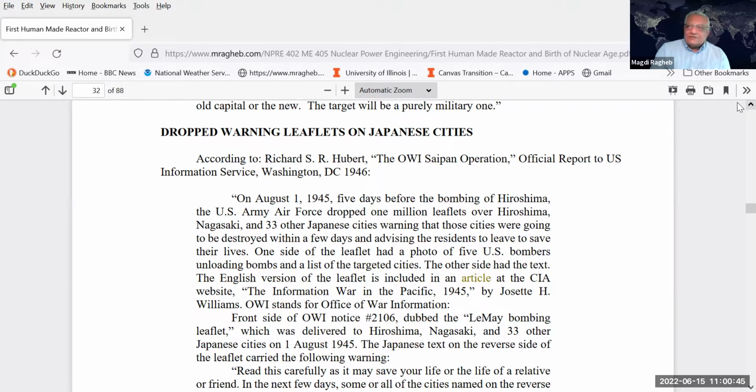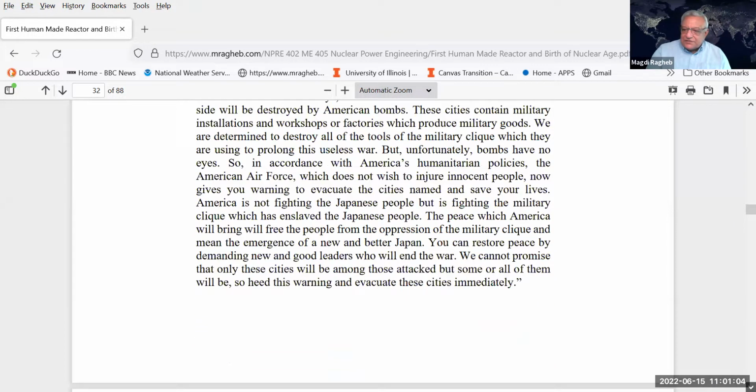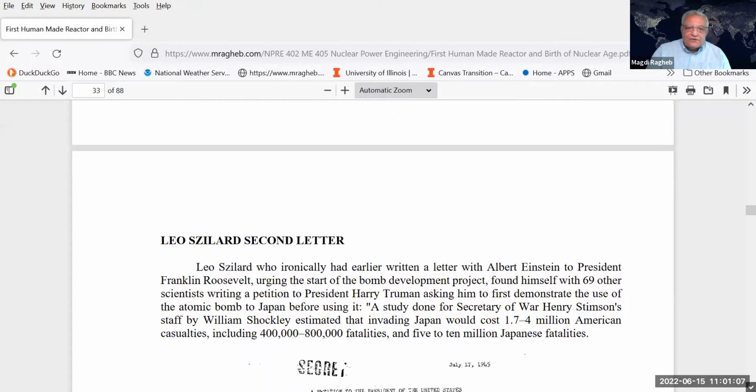But the war continued in the Pacific region, and Japan was still fighting in the Pacific. And because the scientists knew that the destruction could be tremendously large, they suggested that warnings should be made to the Japanese, or some kind of demonstration, to convince them to end the war.